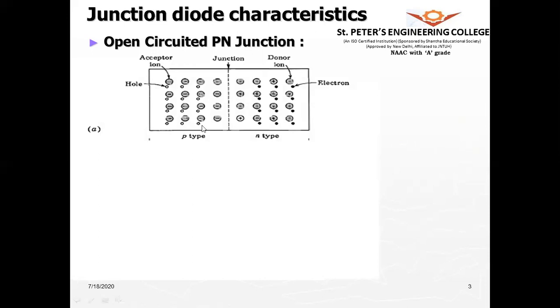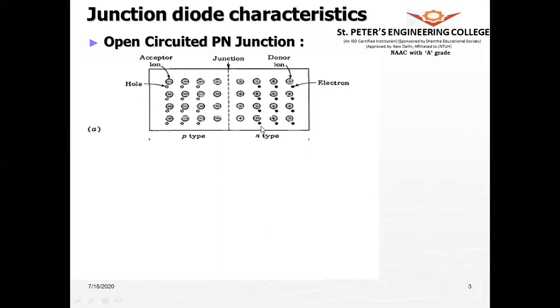In a p-type material, we say it is positively charged because there are excess holes in that type, and so we call the hole a positively charged ion. These ions are called acceptor ions because the hole indicates a loss or absence of an electron, so it can accept an electron.